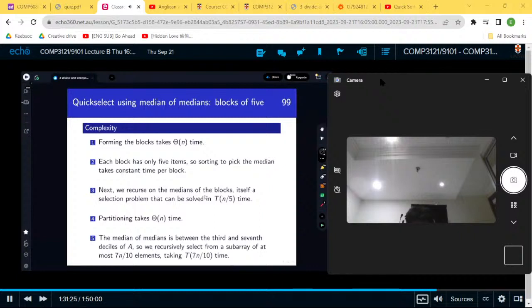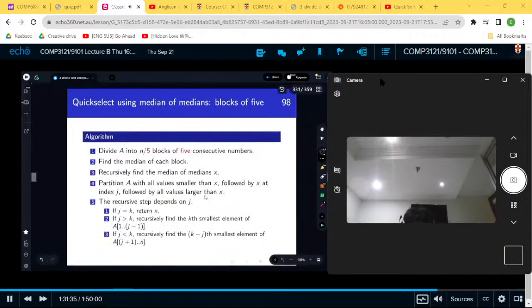Now, since the median of medians is between the third and seventh deciles, this last step looks at arrays of size at most 7n over 10.